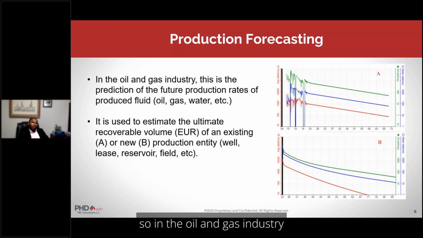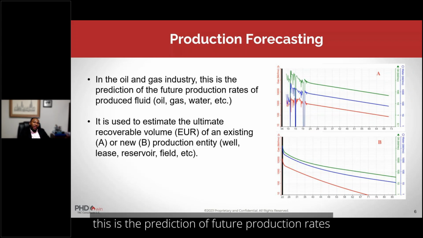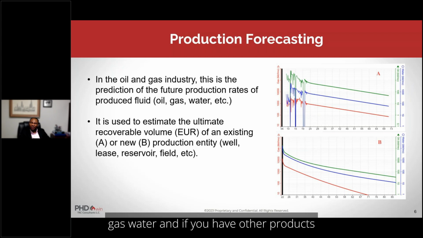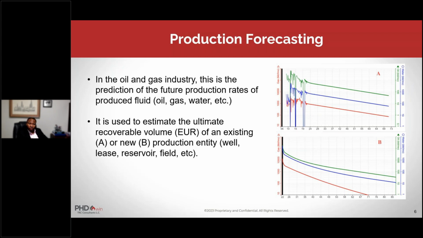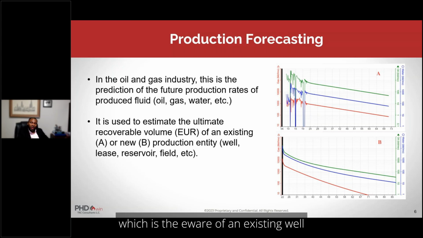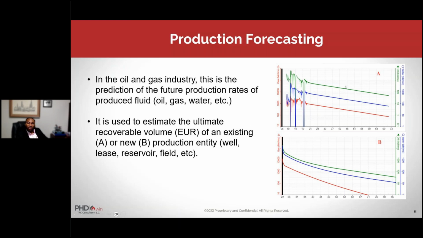Production forecasting. In the oil and gas industry, this is the prediction of future production rates of produced fluid. So we're talking about oil, gas, water, and if you have other products, you also make forecasts for those. It is used to estimate the ultimate recoverable volume, which is the EUR, of an existing well, like we have for well A right here, or a new production entity.